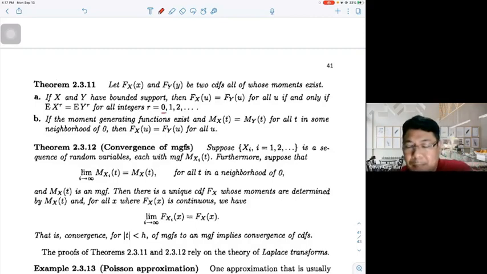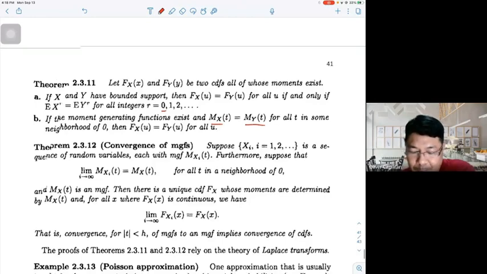And then (b), if the moment generating functions exist, both big M sub x and big M sub y evaluated at t, and they are equal for all t in some neighborhood of 0, then the CDF big F of x evaluated at u should be equal to big F sub y evaluated at u for all u.